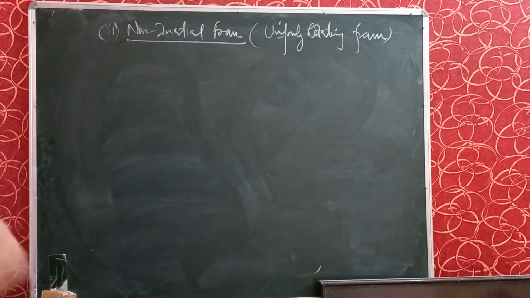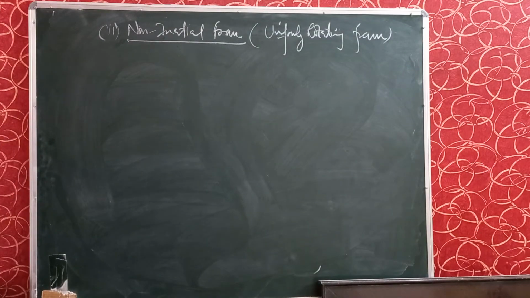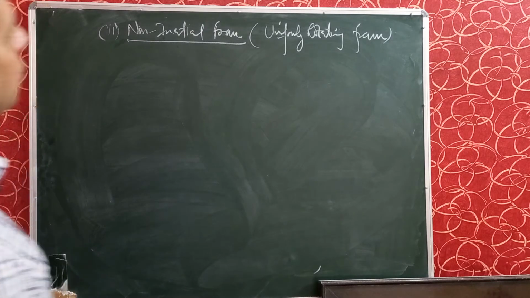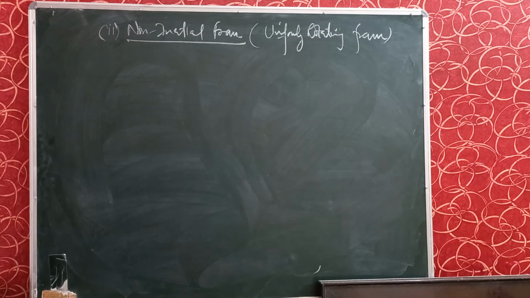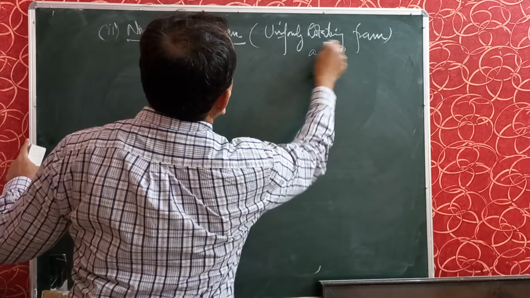A frame which is rotating about a fixed point is also called a non-inertial frame. So, we have studied two types of non-inertial frames. The first frame is linear, moving with constant acceleration, and the second is a uniformly rotating frame, which also has constant acceleration.